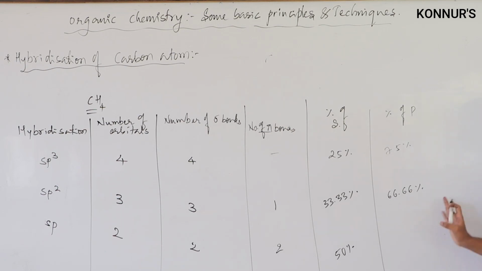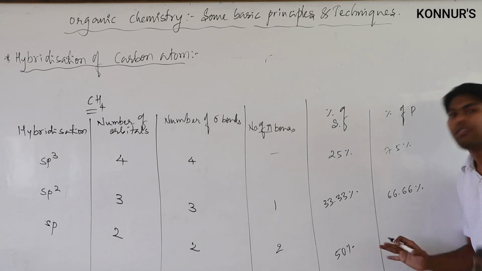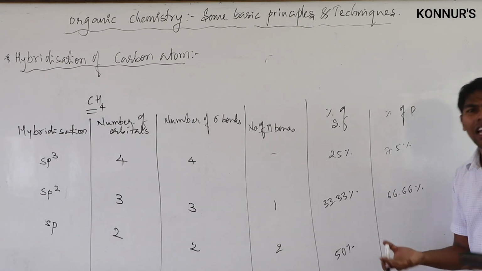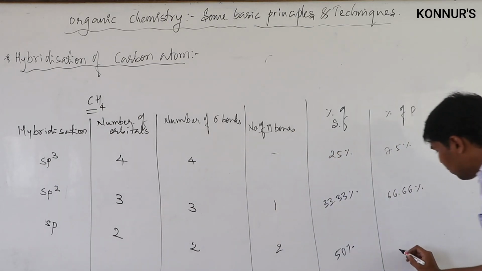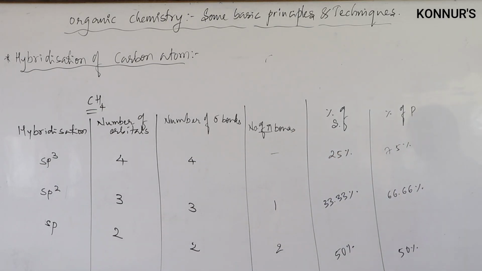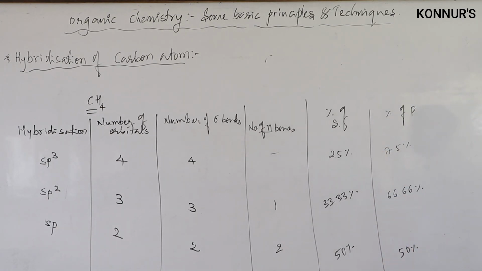Moreover, it will come to around 99.99. The digits after the decimal point will go like 99.99, collectively we take it as 100%. If S contributes 50, then P contributes 50. So the percentage of S character is calculated like this.